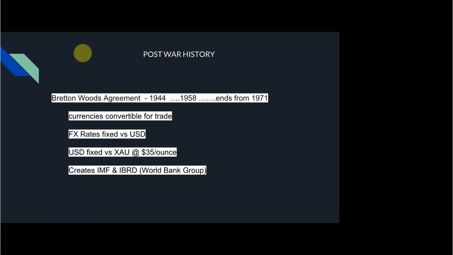Are you following this logic? They could tender those dollars back to the United States and say, I don't want these dollars, give me gold at the rate of $35 per troy ounce of gold.